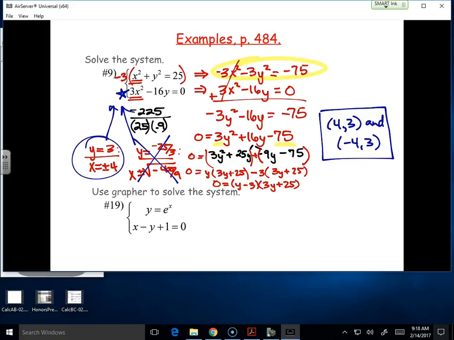I got 400 over 9. So square of negative 3 over 9. Because you did it differently. Oh, because I moved it.